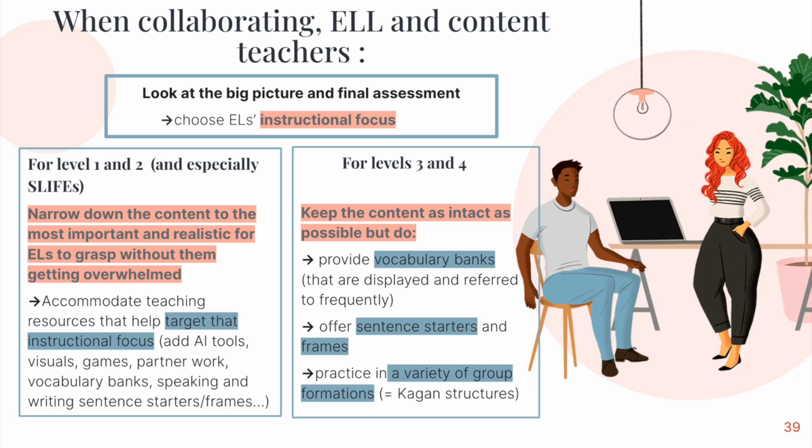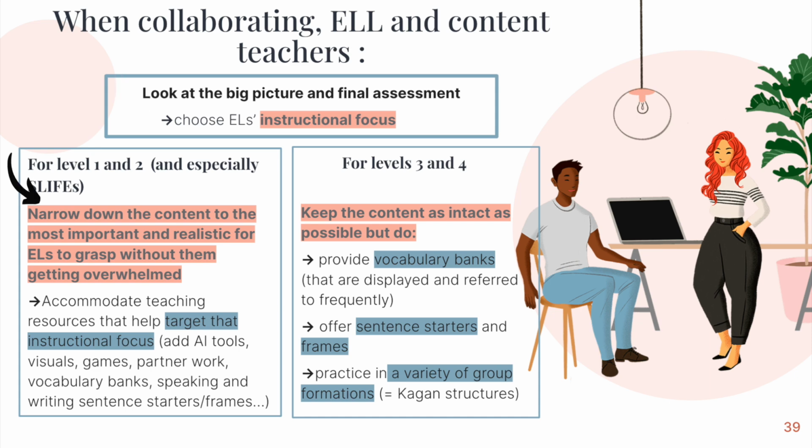So my biggest suggestion for when I am collaborating with content area teachers is for both of us to take a look at the big picture and the final assessment. Always look at what you want for your general education students to get, what will be the output of your teaching them. And then for your students level 1 and 2, and especially SLIFE students, together let's choose the instructional focus.